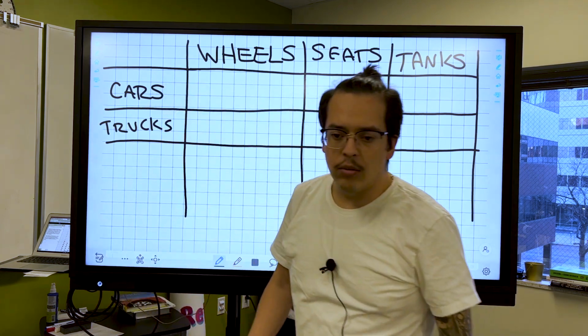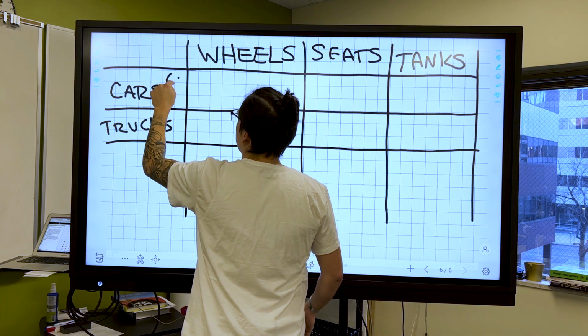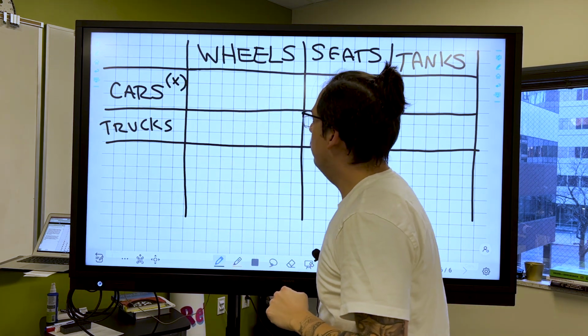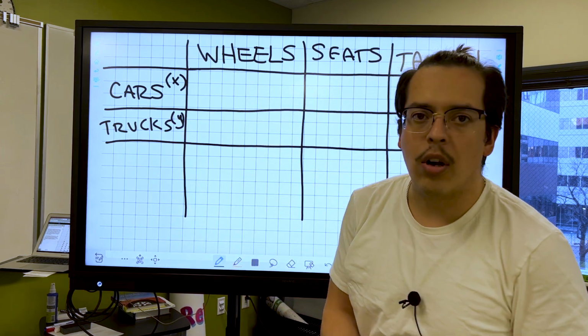And we already know that cars go on our x-axis, so I'm going to make a note of that. And I'm going to make a note that trucks go on our y-axis.